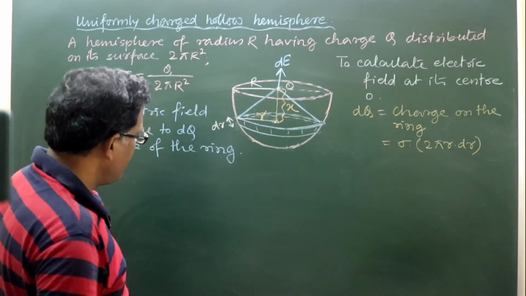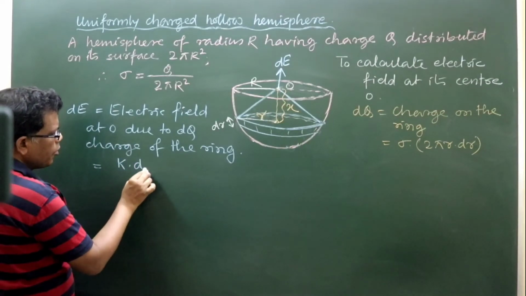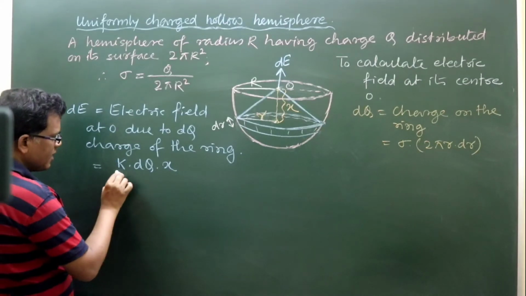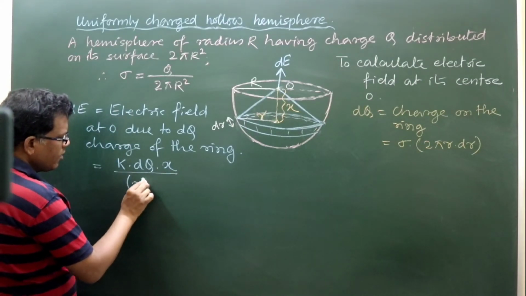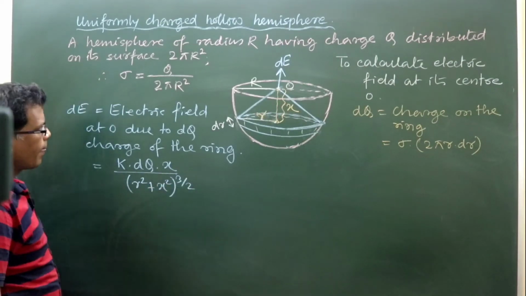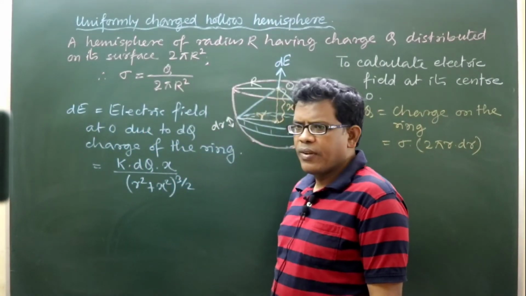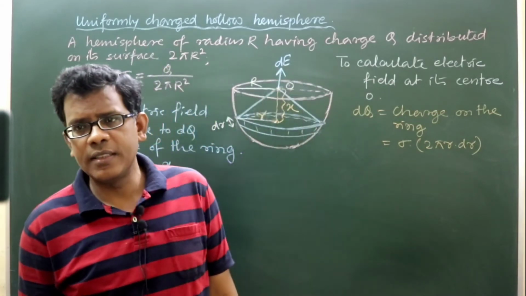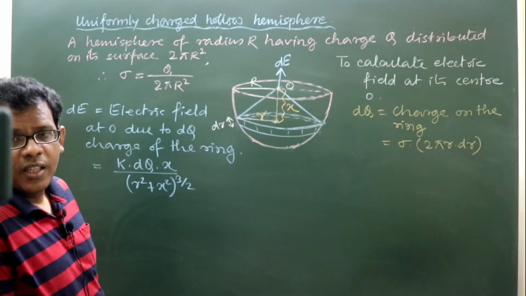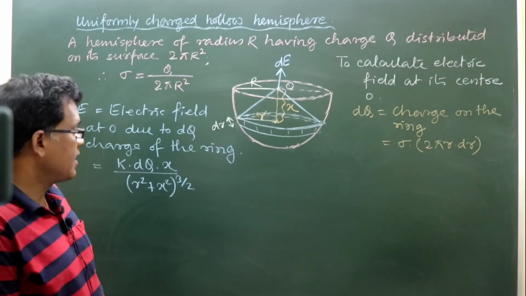So for dq charge, you already know the expression: it is k into dq, that into the axis distance x, divided by the square of radius plus x square to the power 3 by 2, yes or no? This is the format of the electric field at a point on the axis due to the charge of a circular ring whose radius is small r, with the point at axis distance x from the center.